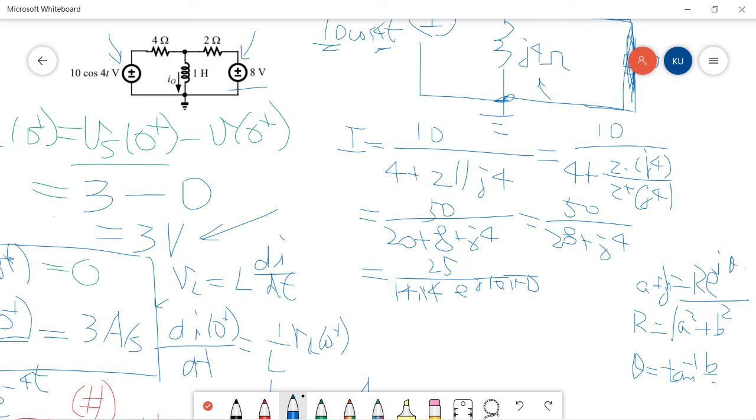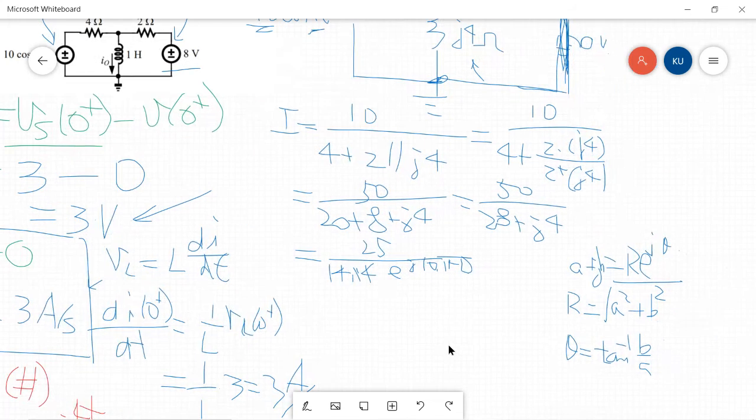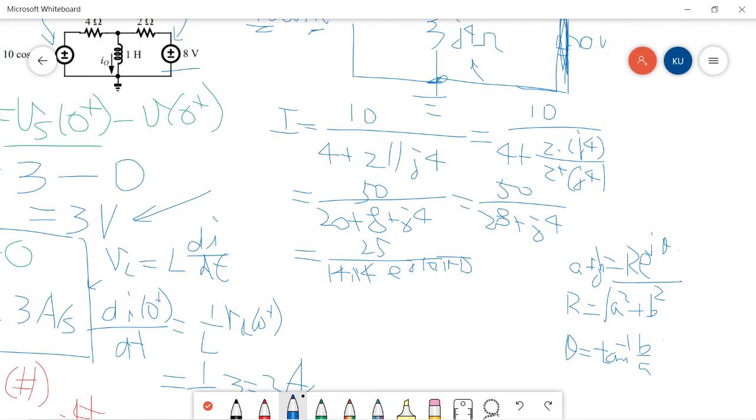b over a, or arctangent of b over a plus pi. It depends on which quadrant it is.